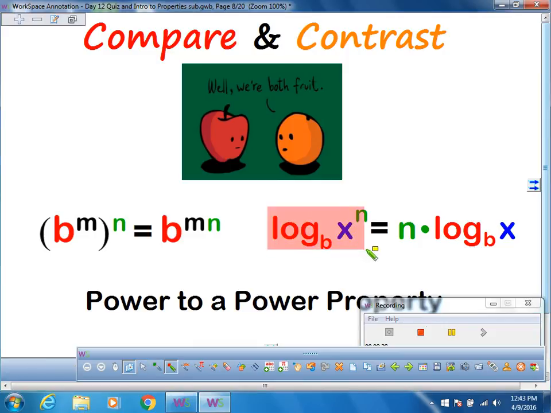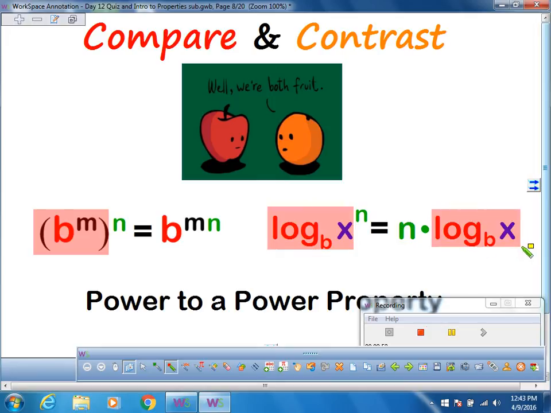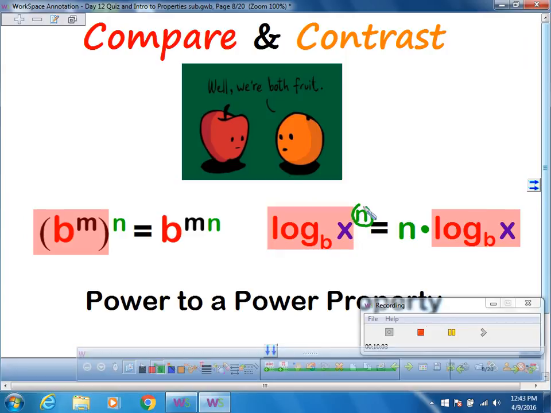So since logarithms are exponents, then when we raise them to a power, as this one's being raised, this exponent is being raised to a power, then we can actually say that we can multiply the exponent and the power. So in essence, it's just like taking that power and bringing it out in front so it can be multiplied.